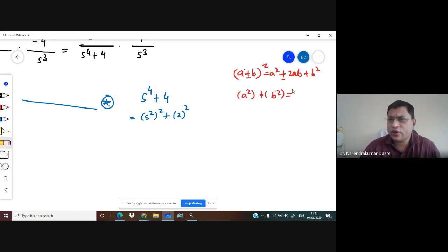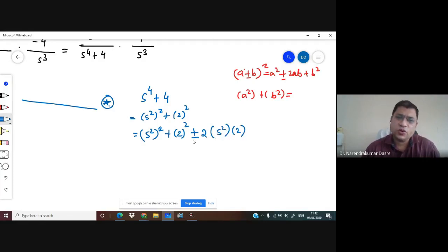Anyhow, I have a square and b square. If I want to make this a perfect square, I need to add or subtract 2ab. The value of a is s square, and the value of b is 2. So I can write this as s square, whole square, plus 2 square, and I have to do plus or minus twice ab.